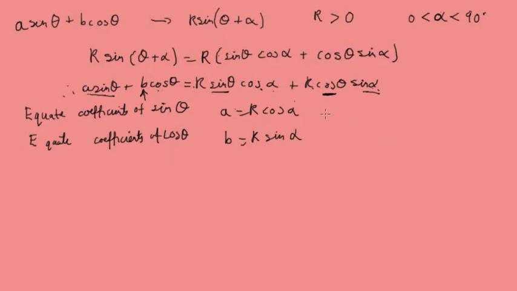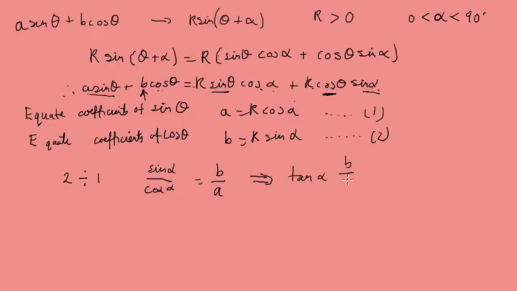I'm going to call this equation 1 and this equation 2. If we take equation 2 and divide it by equation 1, we have sine alpha over cosine alpha equal to b over a, so tan alpha must be equal to b over a, from the previous identities we've been learning about.